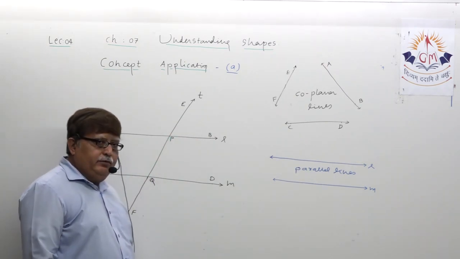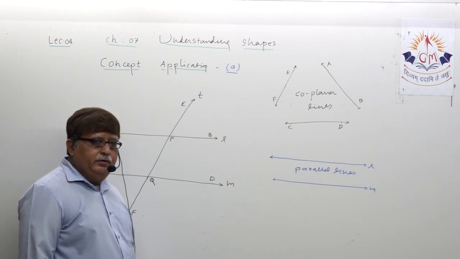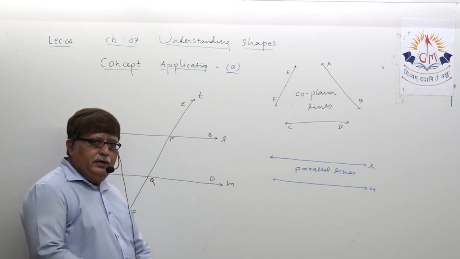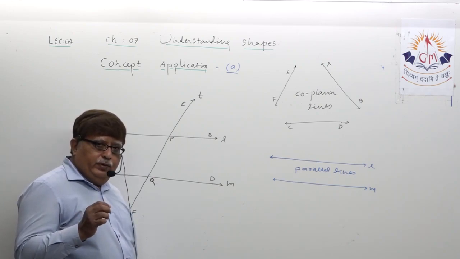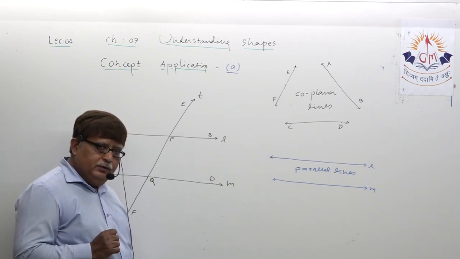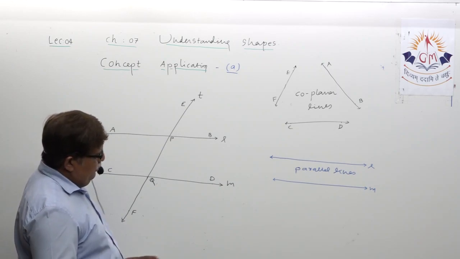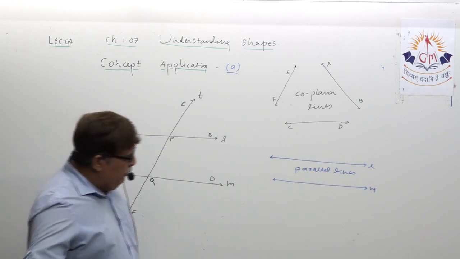Now, dear student, as I told you, when three coplanar lines intersect each other, we get pairs of specific angles. Let me write the first type of pair of angles.